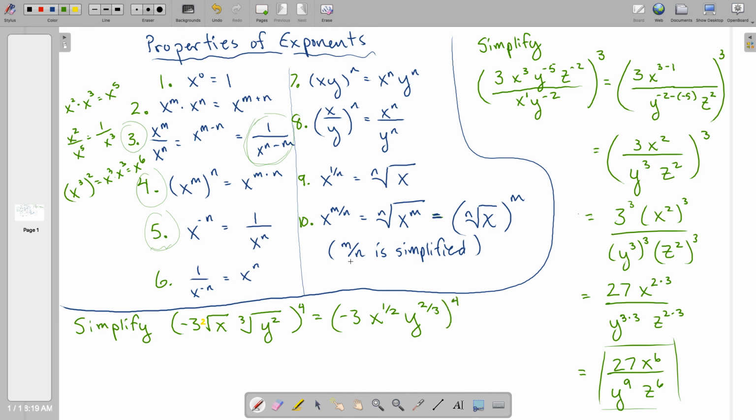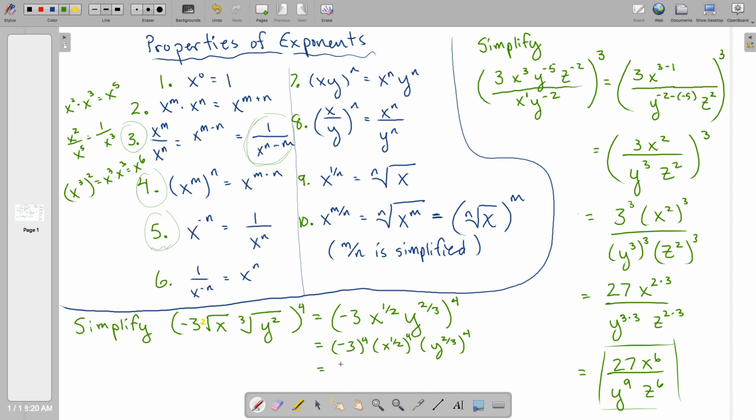And we're all raising that to the 4th power. Okay, now when I raise that to the 4th power, I know that I'm multiplying all those, so each one can individually be raised to the 4th power. And a good thing just to remember here is that when you take -3 to the 4th power, you're taking a negative times a negative times a negative times a negative.